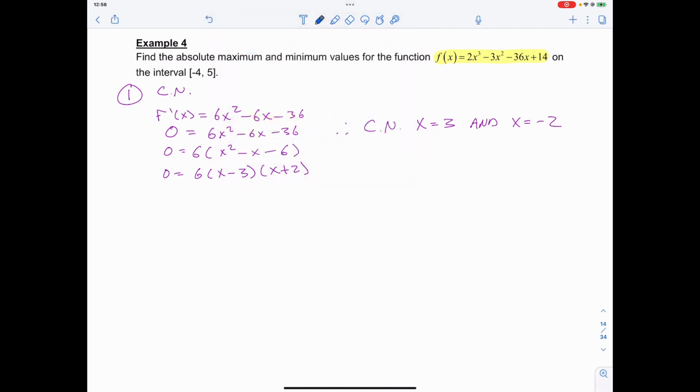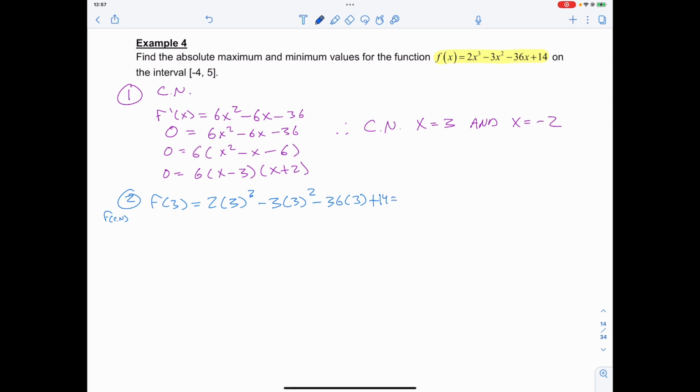Step 2, we're going to take those critical numbers and we're going to solve for what the y values, or the f values, are. So using the original function, f of 3 is going to equal 2 times 3 cubed minus 3 times 3 squared minus 36 times 3 plus 14.